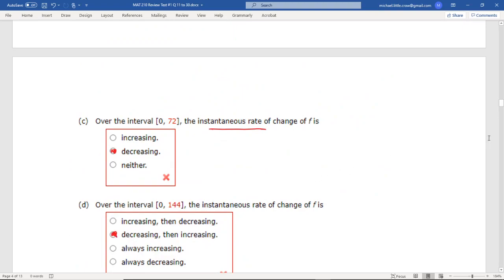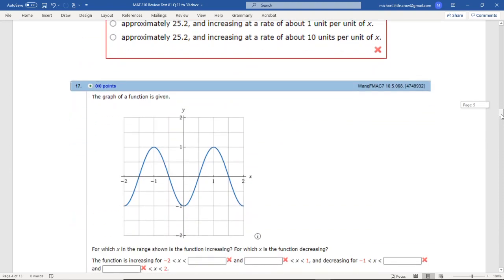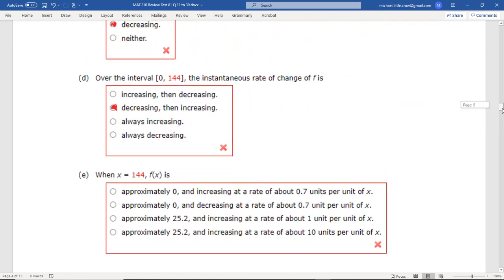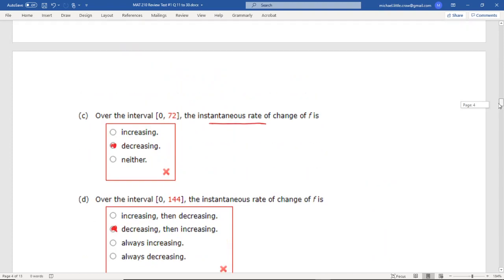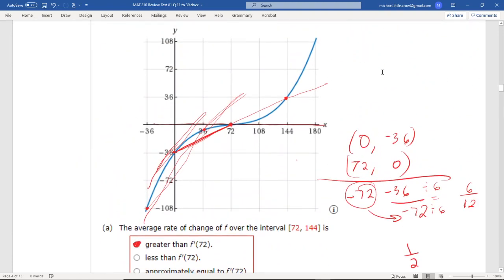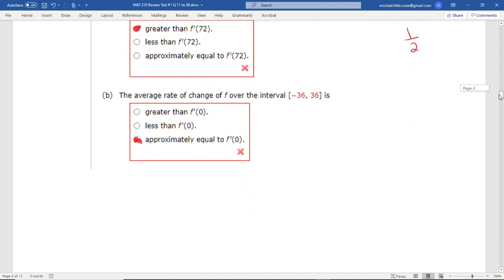And then the last question is, when x is 144, f of x is, so this is the function value. So we're looking at the function value is actually 36, right? And then it's increasing.